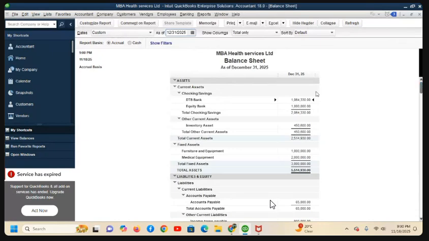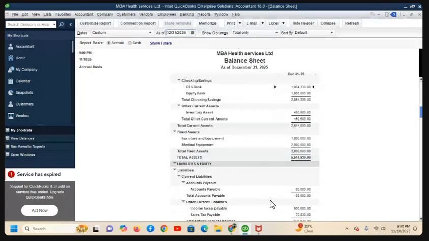You see the balance we have in the bank, DTB, and what we have in the Equity, the inventory we have, which is the stock not yet sold, and the fixed assets we entered when we were starting, to get the total assets. The liabilities they are demanding from us are here. We have the 65, that is the current.